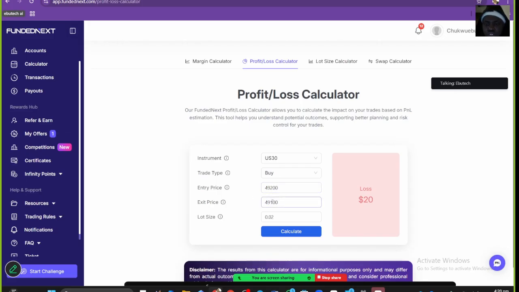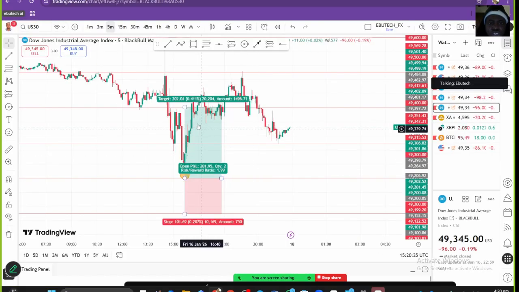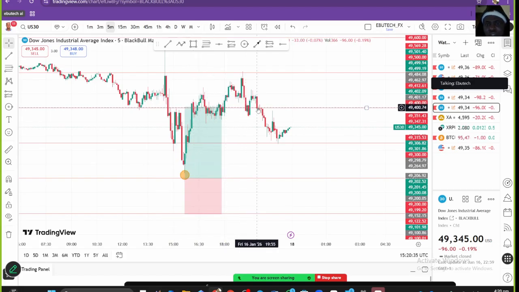Now, if the trade goes our way, how much are we going to be winning? How do we know that? You still come here and calculate it. Now, you have to remove this exit price. Just remove this exit price. Then you check what is the target. What is our target here for this market?